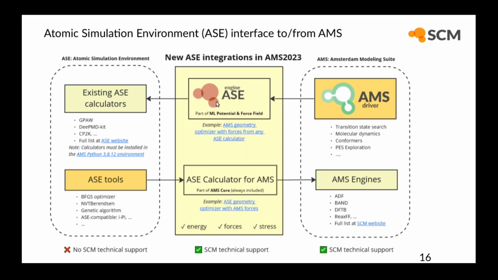So now we're actually completely compatible with ASE. So if you're used to using ASE tools like the ASE-MD, or maybe some genetic algorithm that is built on ASE, or maybe you run IPy for path integral molecular dynamics, then you can use this ASE calculator for AMS, and that gives you then access to all of our engines together with the ASE tools.